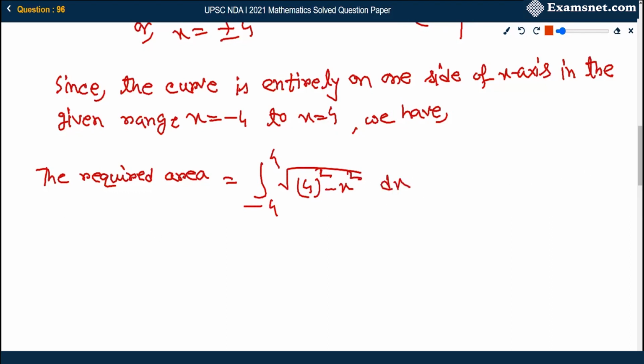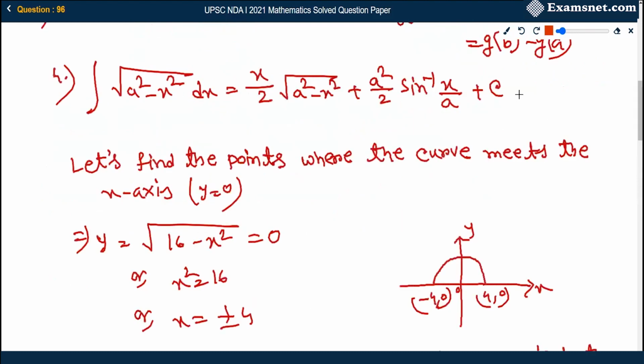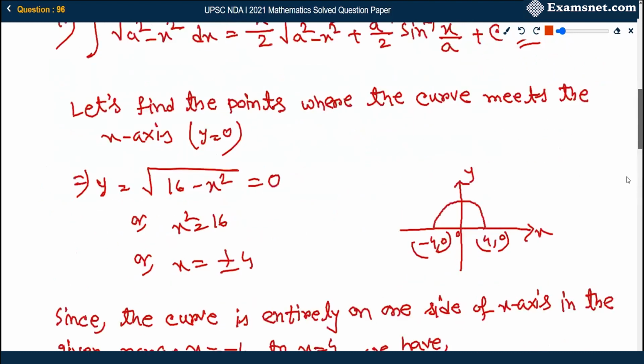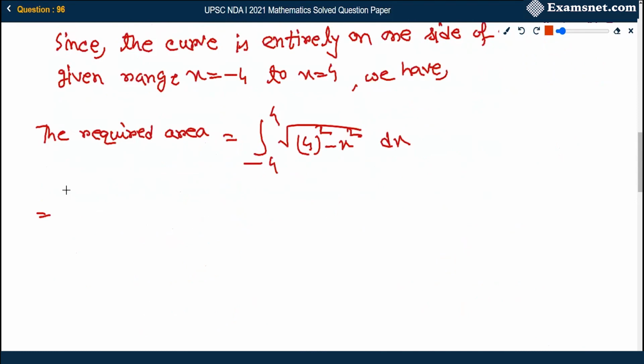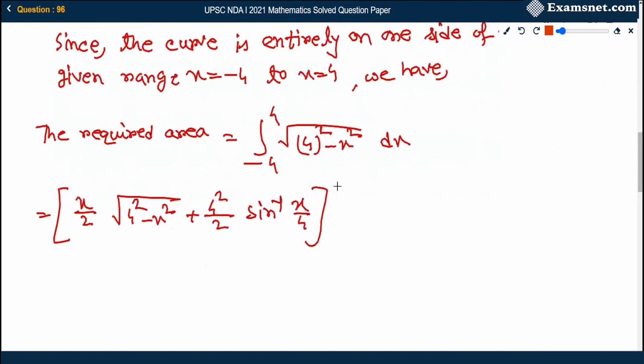Now we will use this formula. So here x by 2 square root of 4 square minus x square plus 4 square by 2 sine inverse x by 4, from minus 4 to 4.